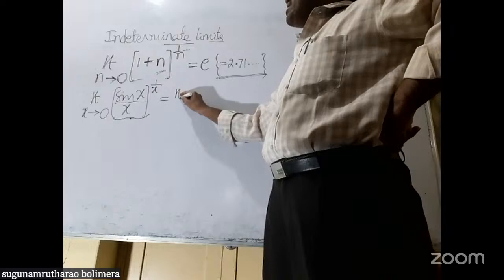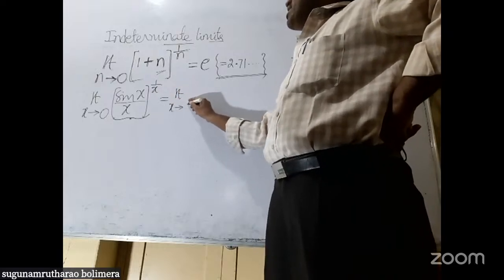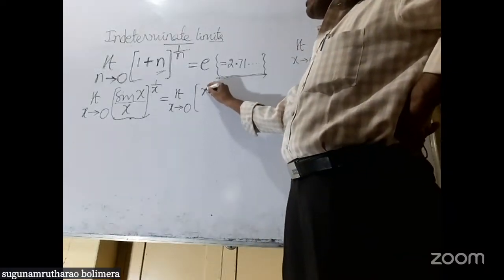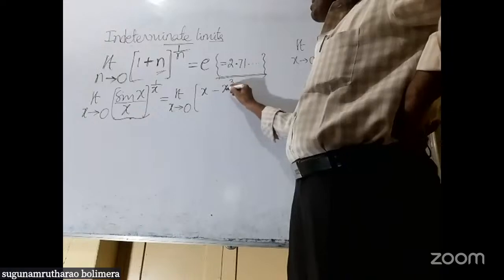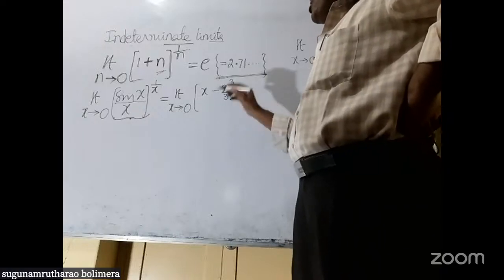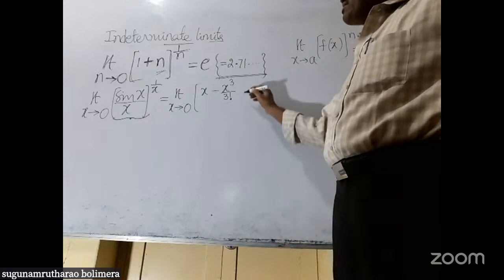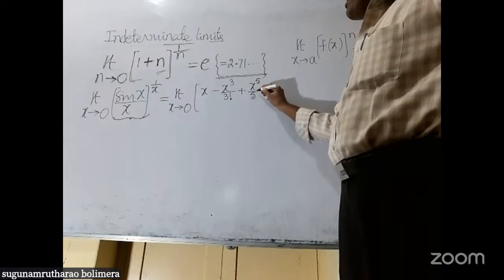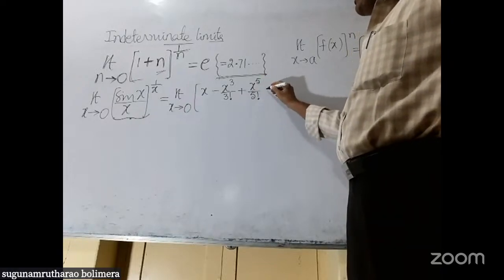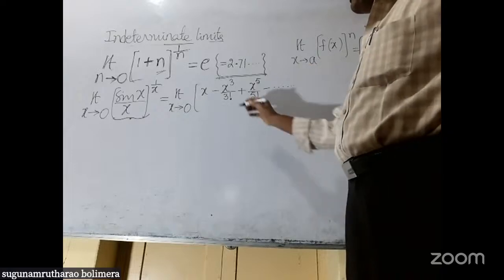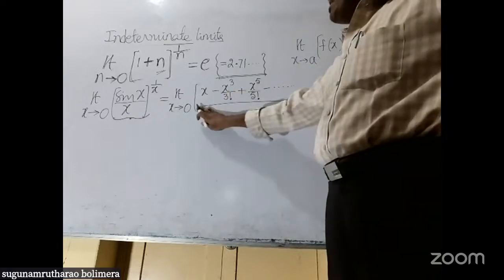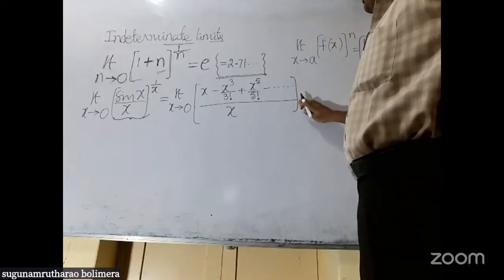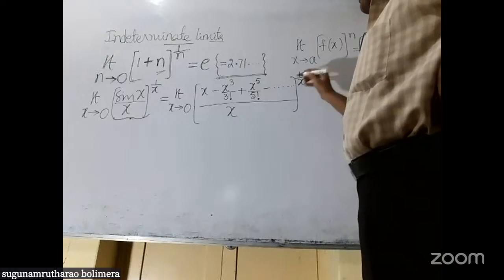This I am going to write as limit x tends to 0, the sin x expansion is x minus x cube by 3 factorial plus x power 5 by 5 factorial minus and so on, whole divided by x, whole power 1 by x.